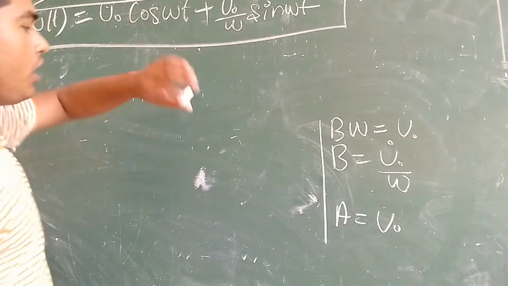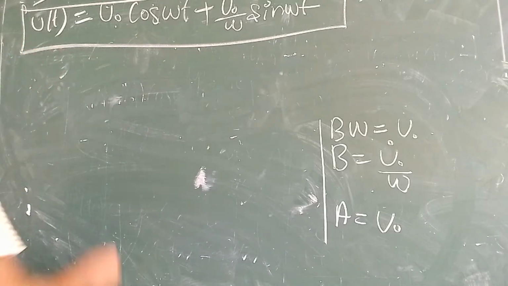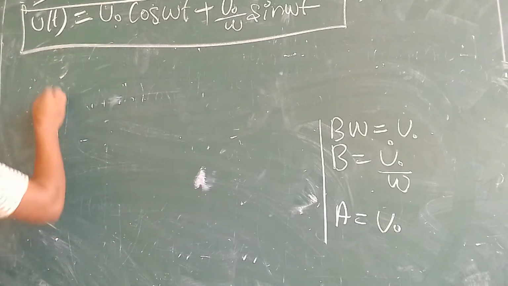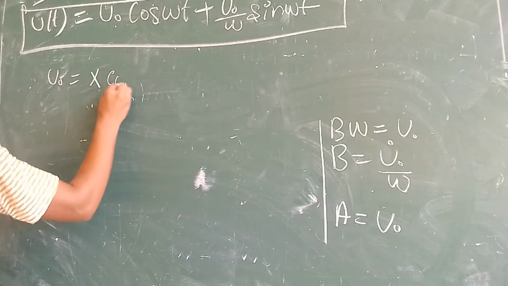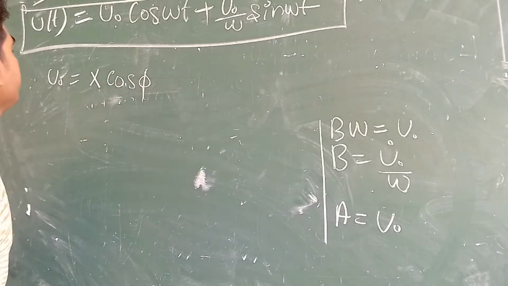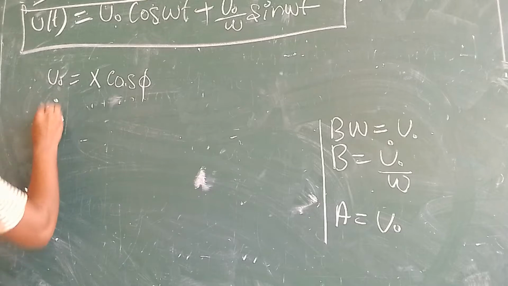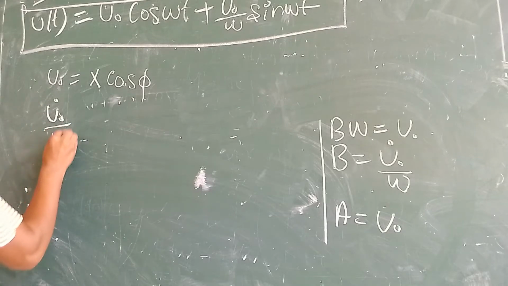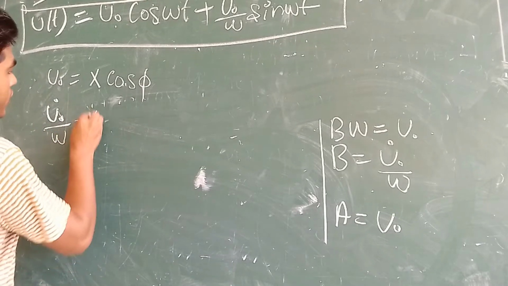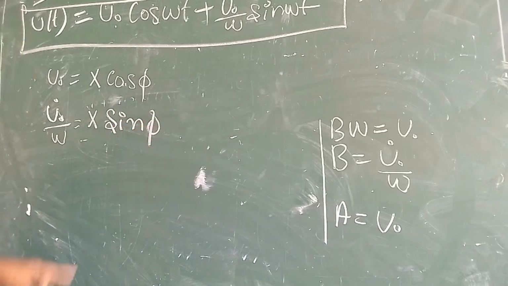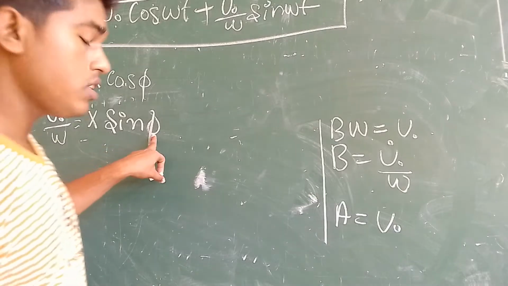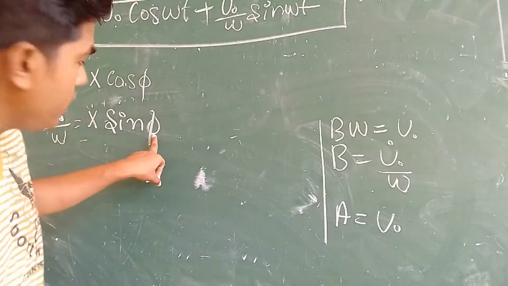And I assume u naught is equal to x cos phi, and u dot naught by omega is equal to x sin phi. This is the phase difference angle, phase angle.